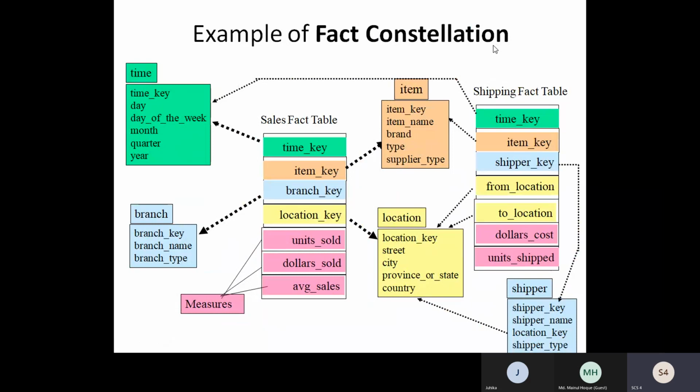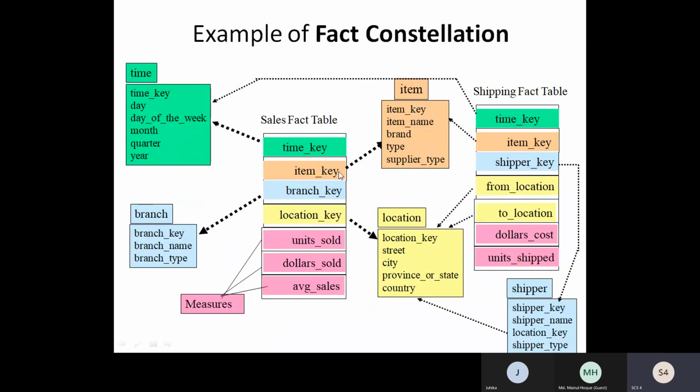Now you look at this diagram. अब ये diagram आप सभी जन ध्यान से देखिए. Here, as it is, we have the sales fact table. The fact table is at the center, right? अब यहाँ क्या हो रहा है?